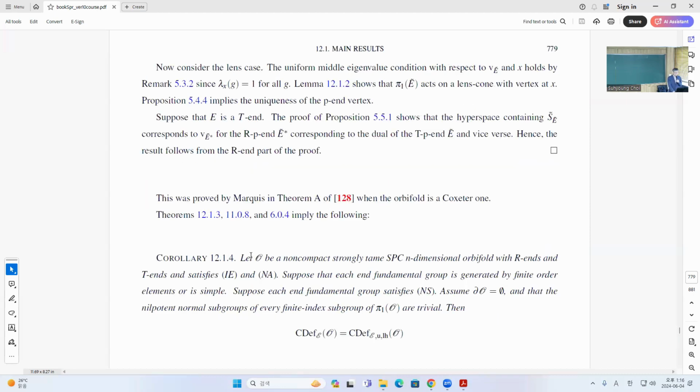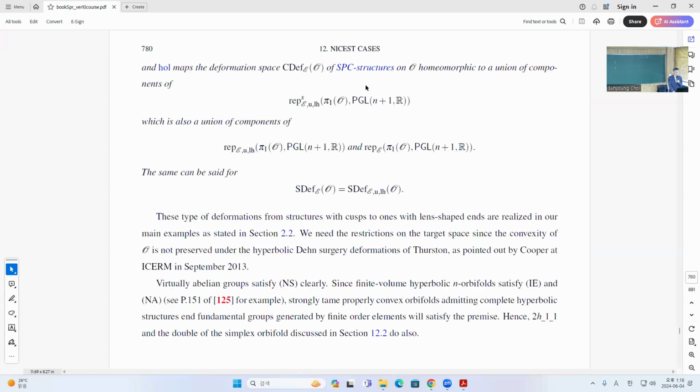So combining all the results like this 12.1.3 and then 11.0.1 and 6.4, you can show that if it satisfies these nice conditions, then the deformation space is actually the same.